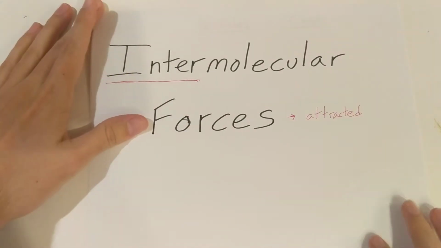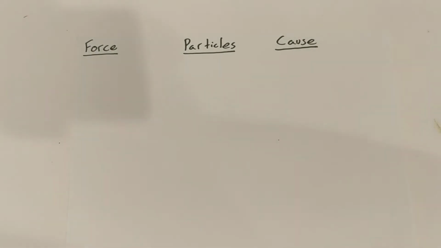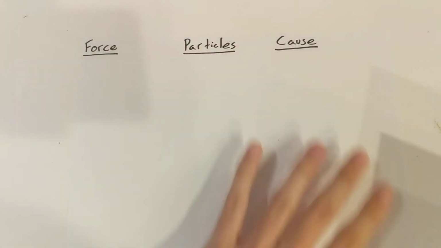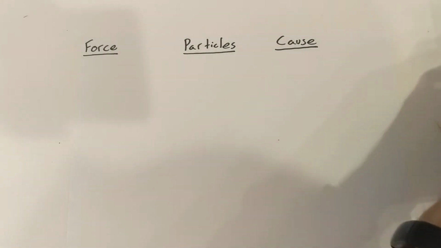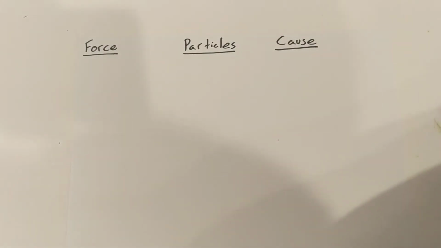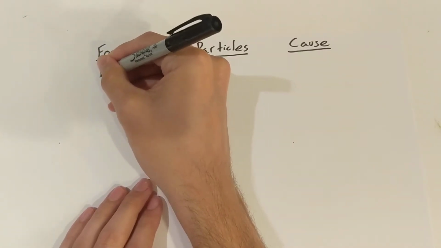So the first thing I'm going to ask us to do is to start off by forming a table that looks like this. So we're going to be talking about three main types of forces of attraction between molecules. And the first one we're going to be talking about is dispersion forces.